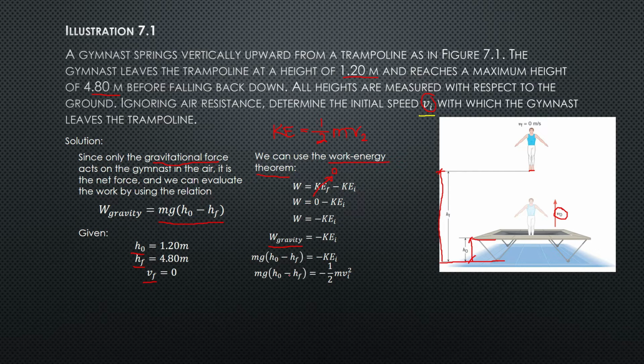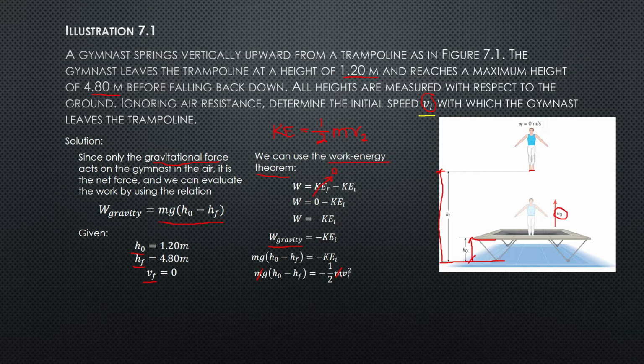Okay, so substituting the formula for kinetic energy, 1/2 mv squared, which is initial speed squared, and substituting the given, 1.20 for initial, 4.80 for the final height, and then mass can be eliminated by dividing both sides by mass.